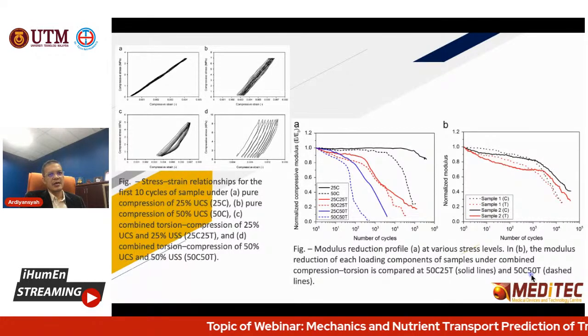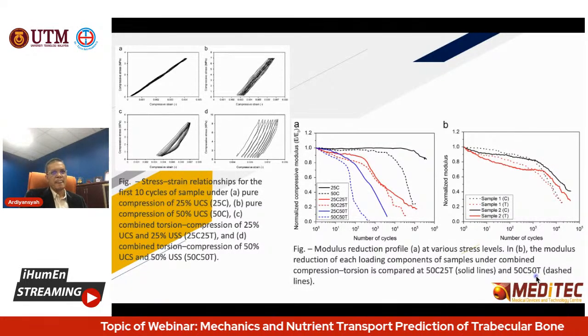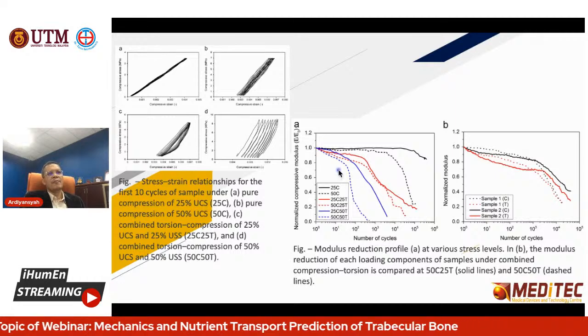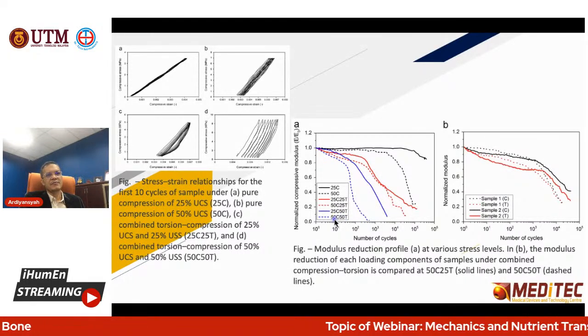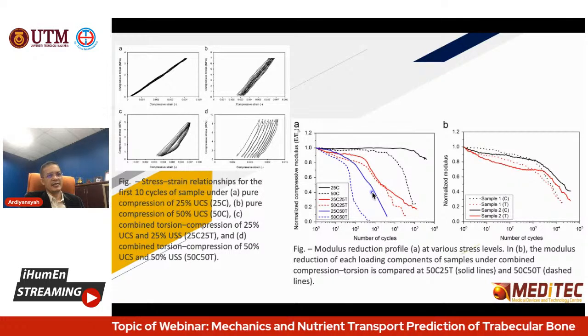Then you can compare here. The first model is 25, and the 50: 25 compression, 50 compression, with torsion maintained at 50%.